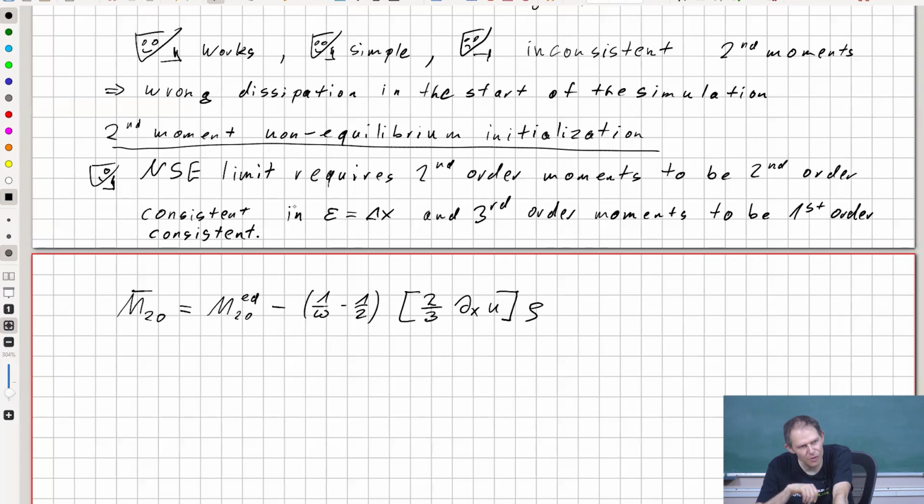We have seen this already in deriving the one-dimensional form of the Navier-Stokes equation from our model. We have also seen that the viscosity gets transformed into this.